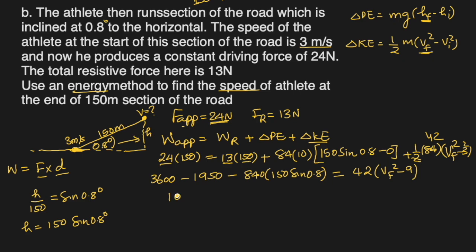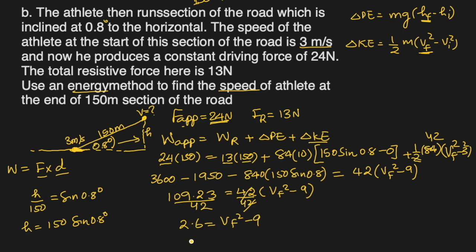So 109.23 equals 42 times Vf squared minus 9. Now this 42 can divide the left side so that we can find the value of Vf squared. So it comes out to 2.6 equals Vf squared minus 9.